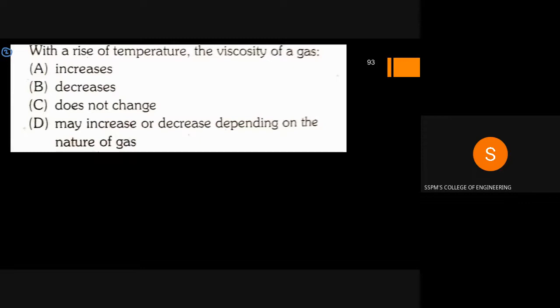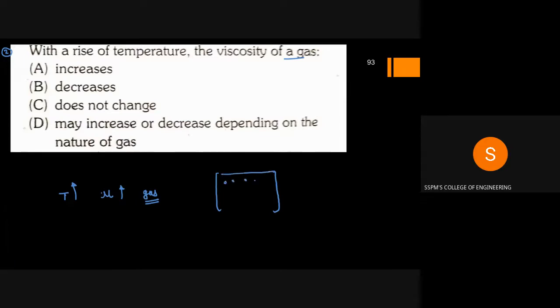The second question is, with the rise of temperature, the viscosity of a gas increases, decreases, does not change, or may increase or decrease. When the temperature increases, the viscosity will increase for the gas. The reason is, if you increase the temperature of a gas, its kinetic energy will increase.